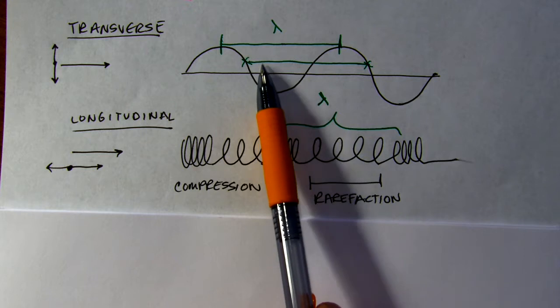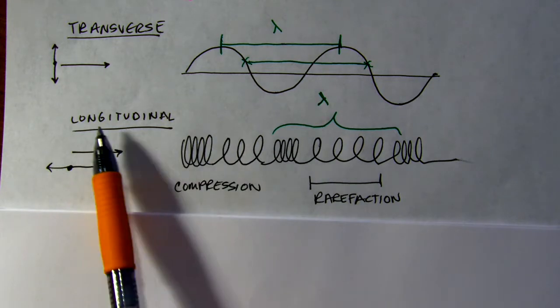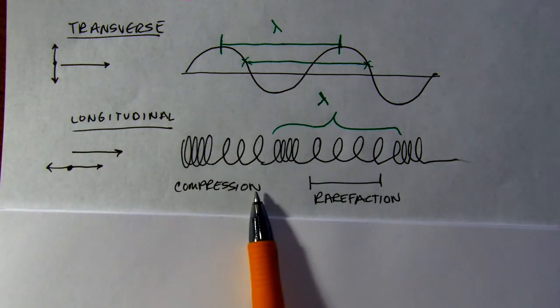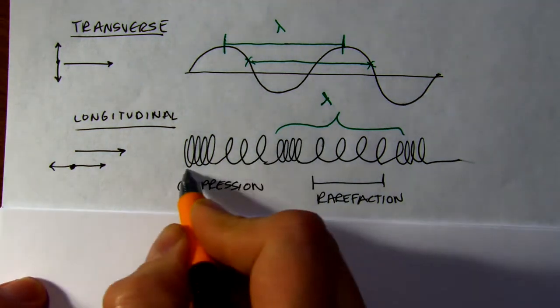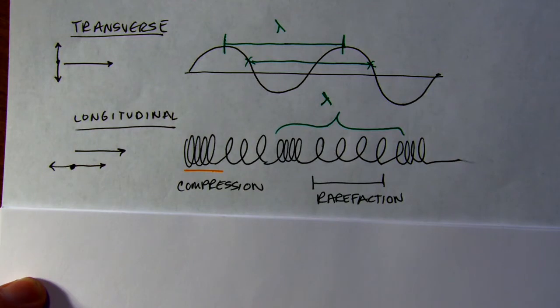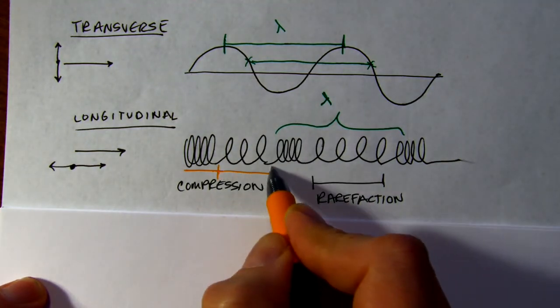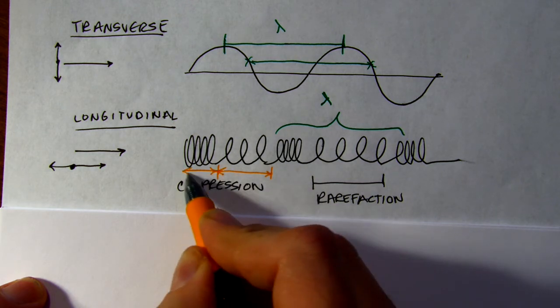Sound waves don't travel and aren't described as transverse waves, but they're more like longitudinal or compressional waves. If you look, this segment here called a compression is not the same length as this rarefaction here. This segment is a different length than the compression part.